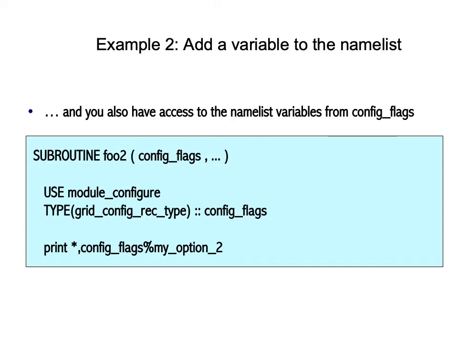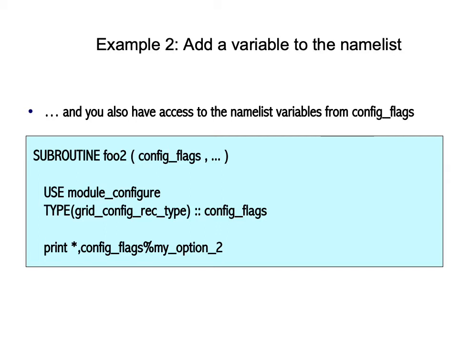The third way that you have access to the namelists is via config_flags. Config flags are the runtime configuration flags. These are only and all of the namelist entries. Anytime you see config_flags in a subroutine, you have access to the namelist values.